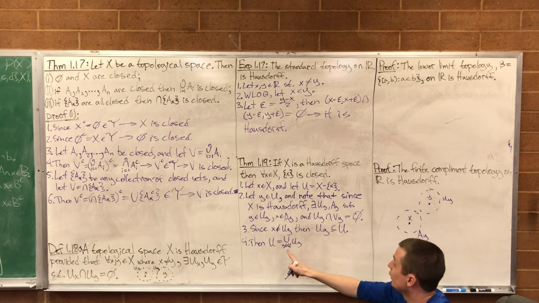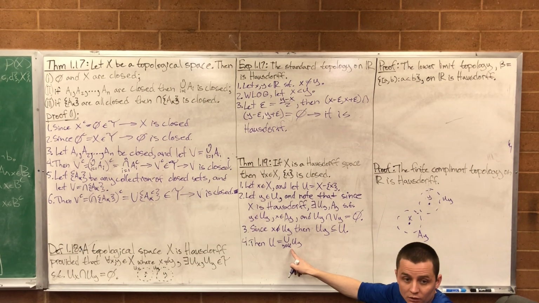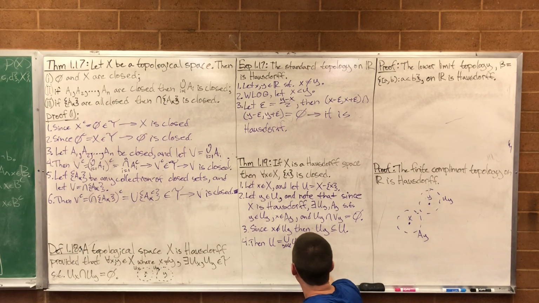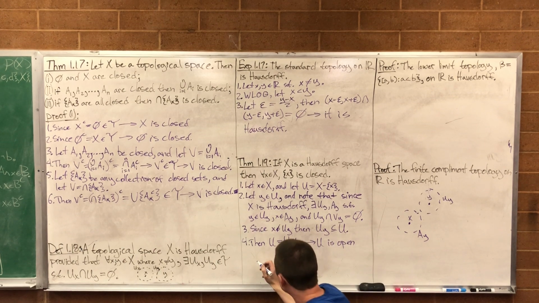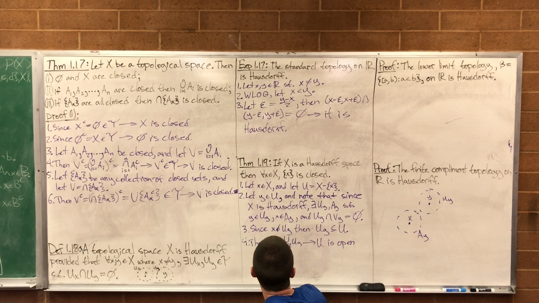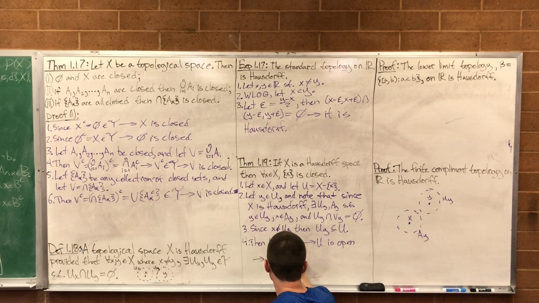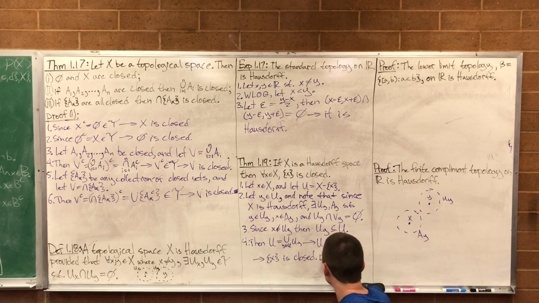We create one for each little y in U. And that gives us that U is open, because it's a union of open sets, which gives us that U complement, the singleton x, is closed. And we're done. Anything weird?